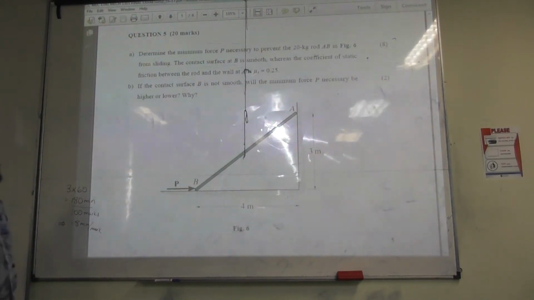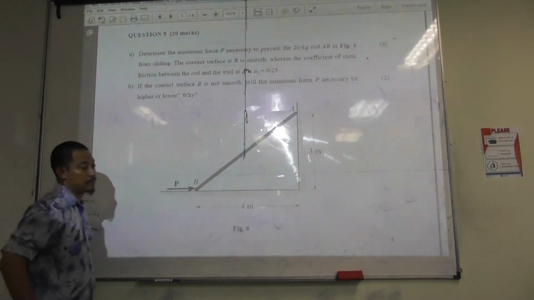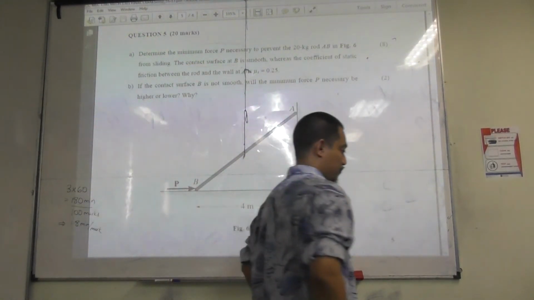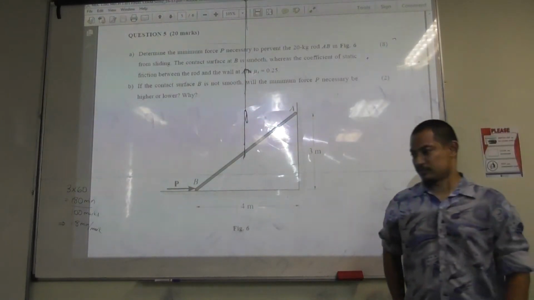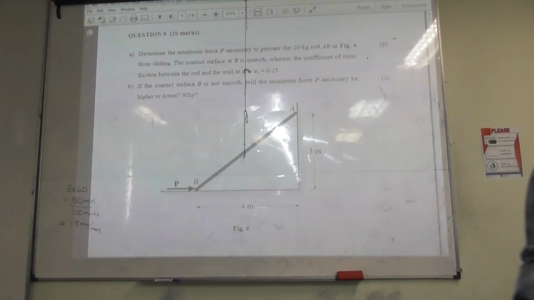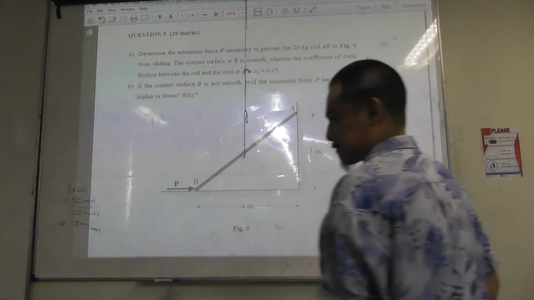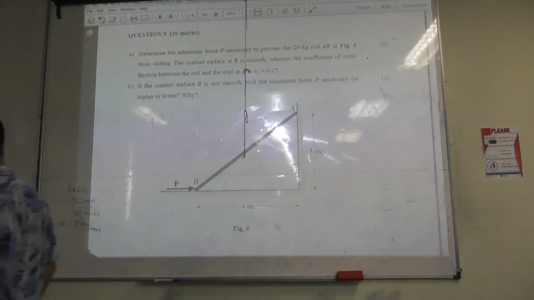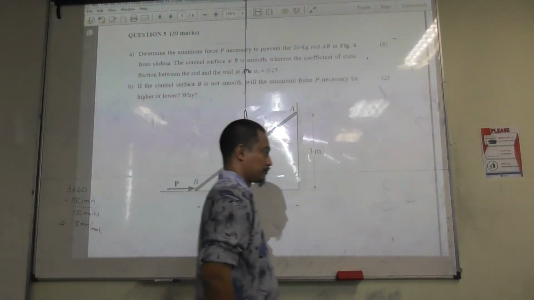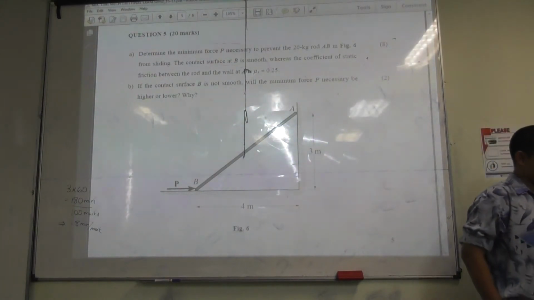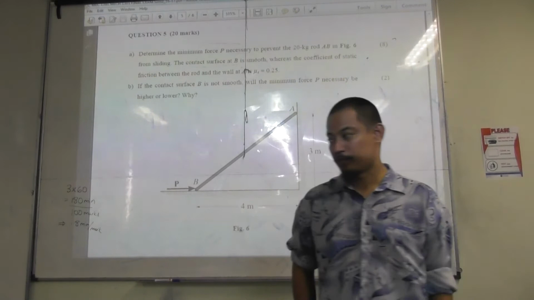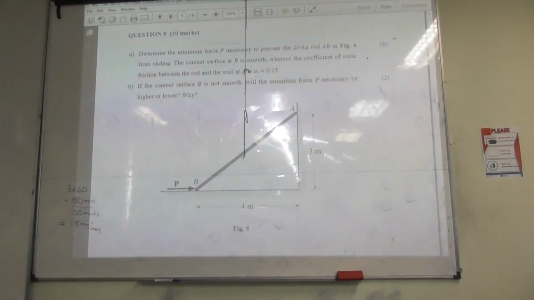Make sure every information is in your curriculum. There's a weight there also. So any problem or any question? Any problem?